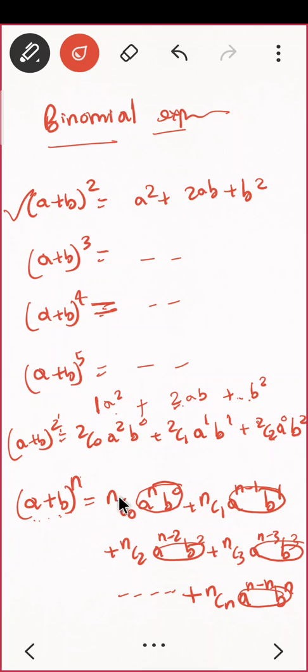That means nC0, nC1, nC2, nC3, I need the addition of all of them. So what should I do? I'll write here the sum of coefficients of a plus b raised to n. Correct?